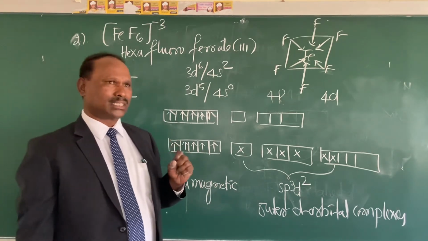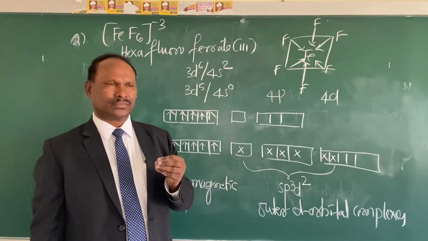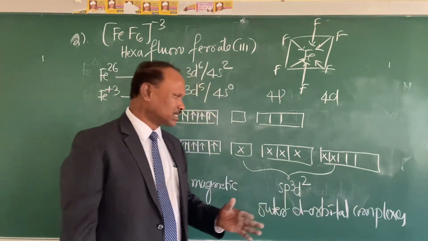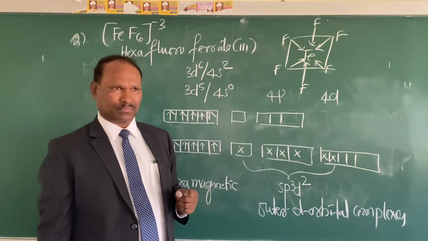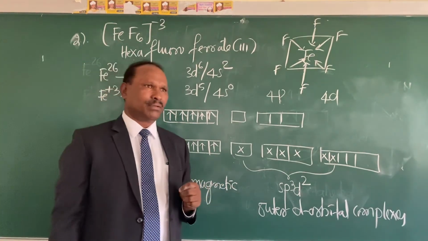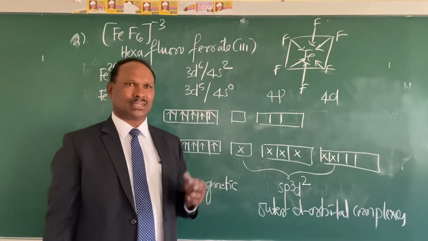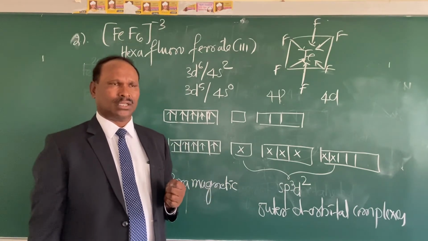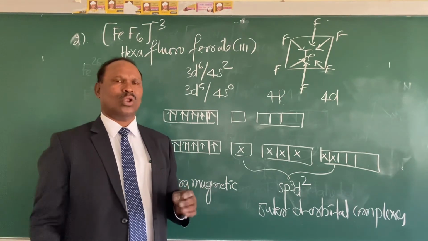Inner orbital complexes are formed by which hybridization? D2sp3 hybridization. Whereas the outer orbital complexes are formed by the use of what? sp3d2 hybridization. This is another difference. Then in the inner orbital complexes, you have seen only one unpaired electron in the second complex ion, that is hexacyanoferrate 3 ion. That means inner orbital complexes are low spin complexes.